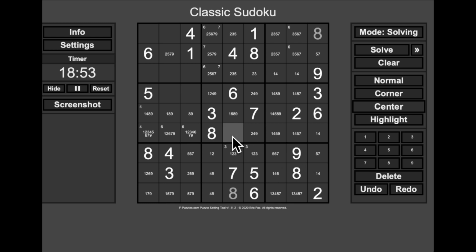Let's see. This can't be 3, 4, 6, 7, or 8. It could be 1, 2, or 9. Or 5, annoyingly enough.